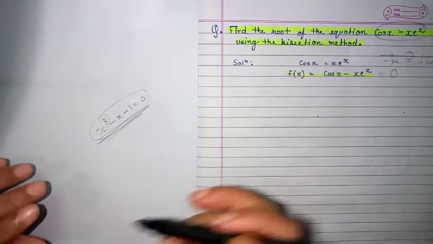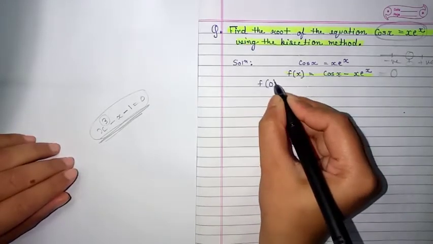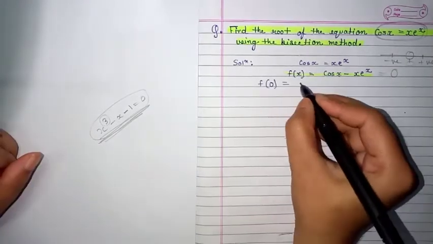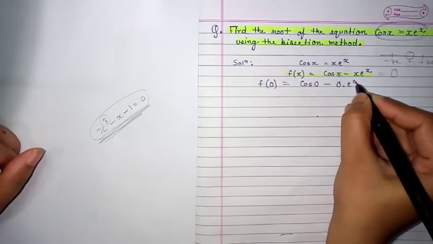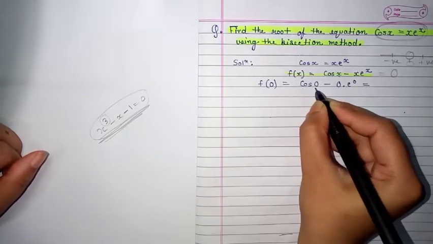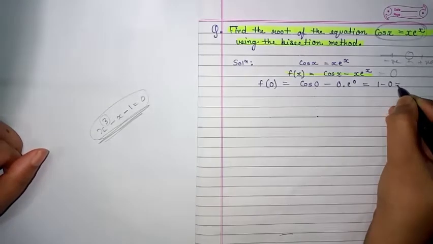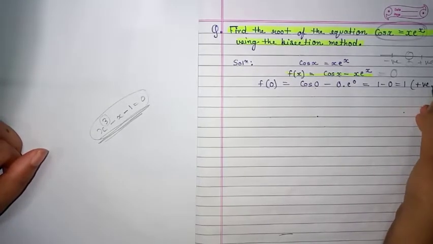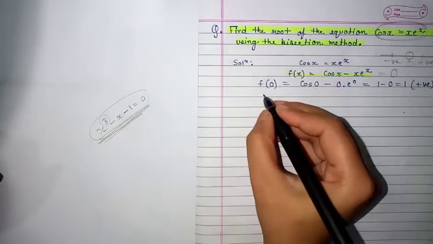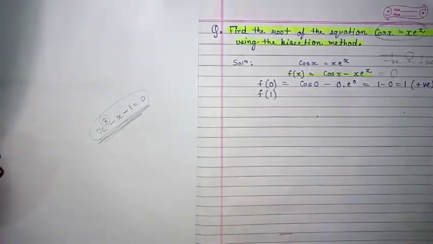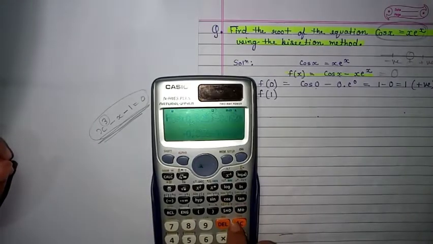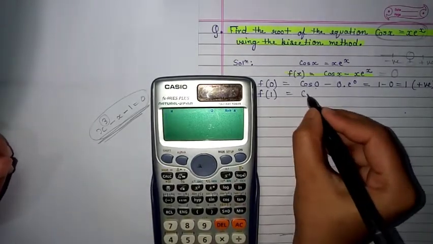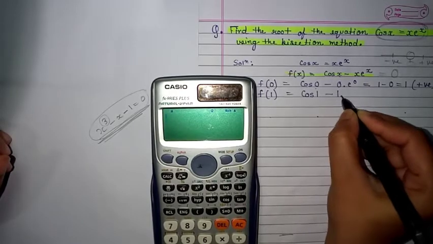First, with the help of hit and trial, we check at 0: cos 0 minus 0 into e to the power 0. You know that cos 0 is 1, so 1 minus 0 becomes 1. This is positive. Now we check f(1), which needs a calculator: cos 1 minus 1 into e to the power 1.